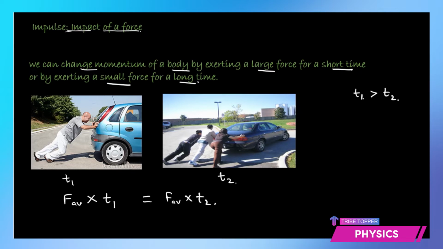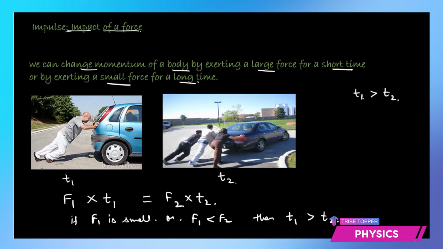The product is the same, so if F1 is less than F2, then obviously the time taken t1 is greater than t2. If force is bigger, the time will be shorter.